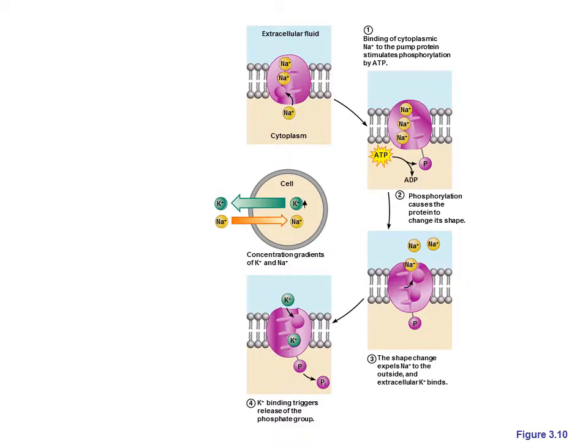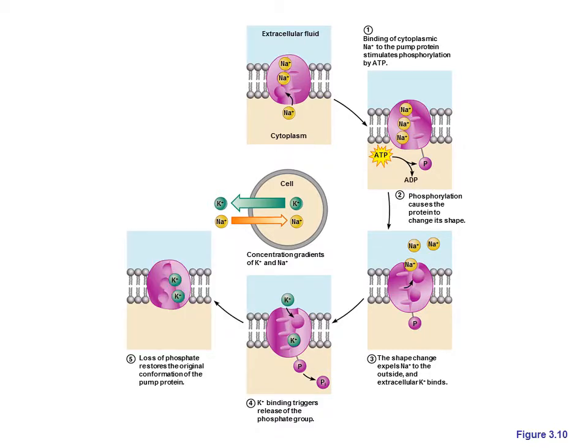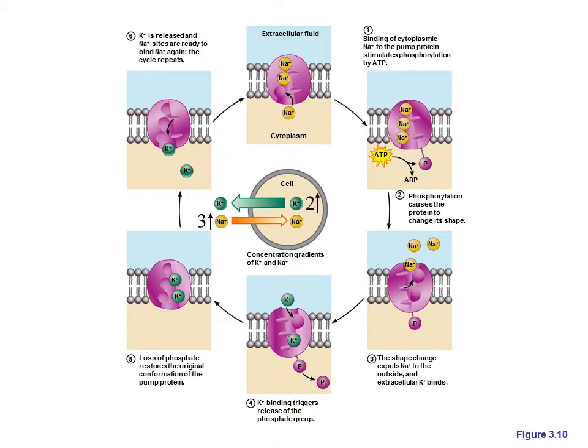Now potassium is going to simultaneously move in. So the potassium binds to the active sites. The potassium is now in the active site. The conformational change occurs, therefore releasing potassium into the ICF.